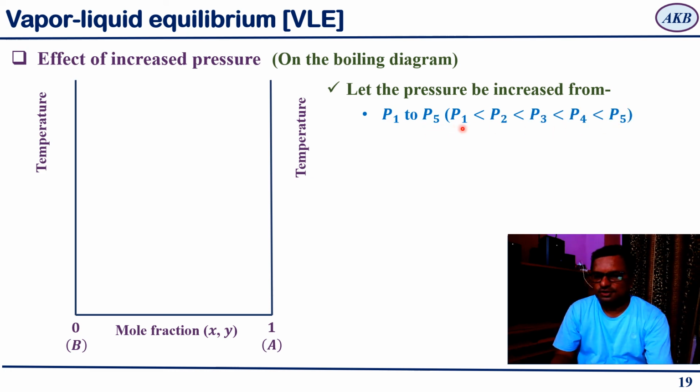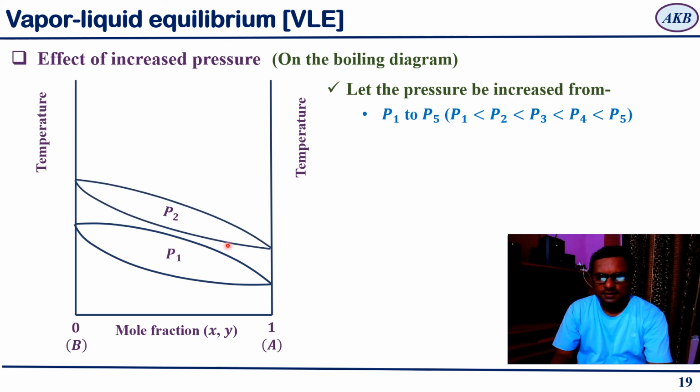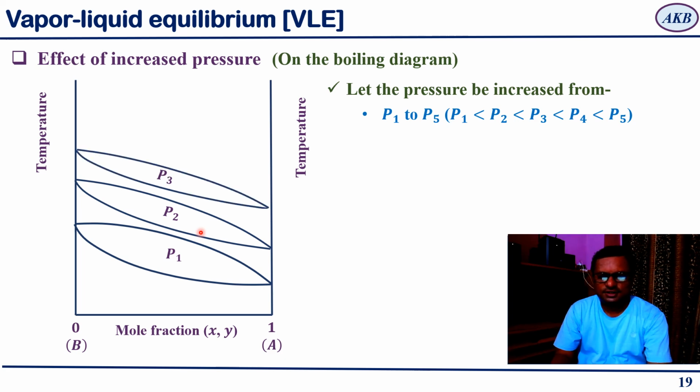P2 is greater than P1, P3 is greater than P2, P4 is greater than P3, and finally P5 is greater than P4. You will have a loop curve at P1, and if the pressure is increased to P2, the loop curve will occur at a higher temperature and it becomes narrow. If you increase the pressure to P3, again the loop curve occurs at a higher temperature and becomes narrower.